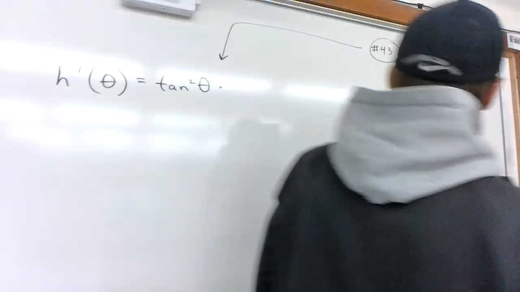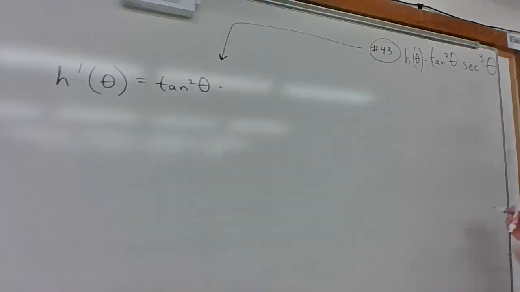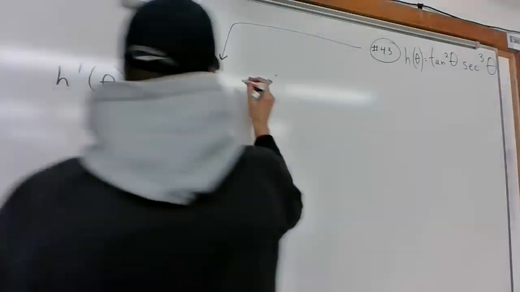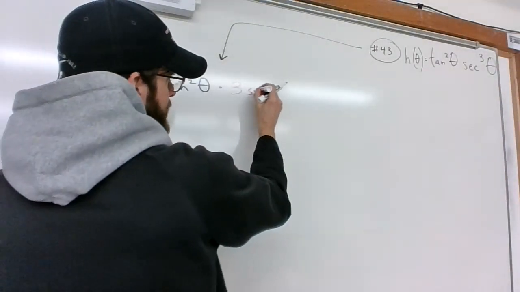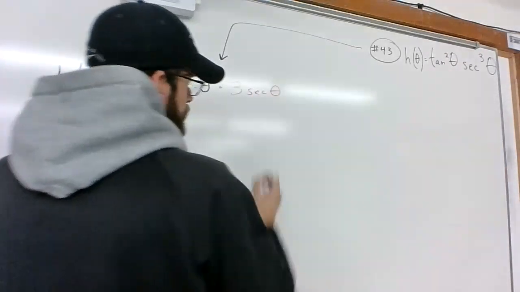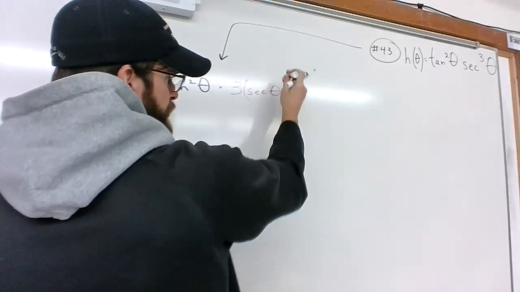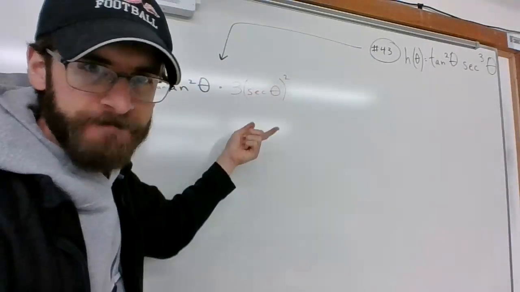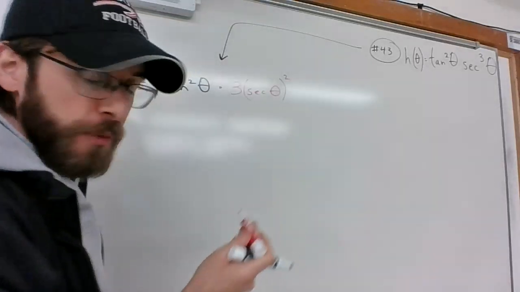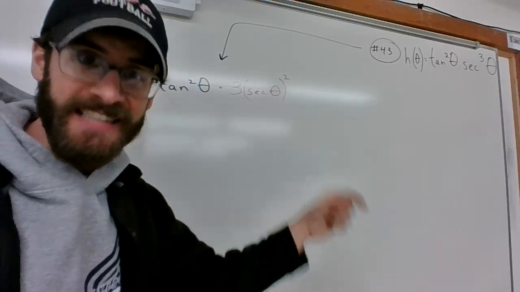All right, remember, this is like the secant of theta to the third power. So I'm going to bring the 3 down, multiply by secant. It's the whole thing to the 2 power. Maybe this will visually help you guys, but you can just write it here if you want to. That's fine. And then you take the derivative of the secant of theta, which is secant theta tangent theta.